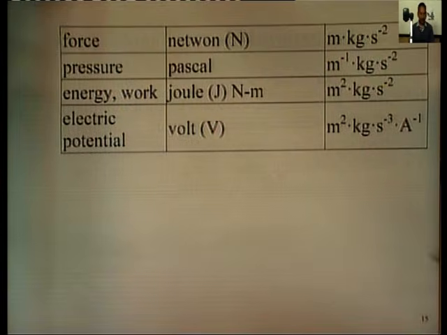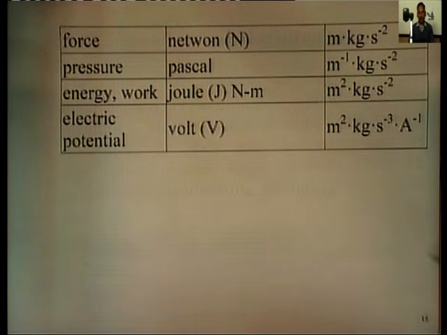Similarly, for derived quantity force, the name used is Newton or capital N, and the expression in terms of SI unit is m kg per second squared. So, similarly, for pressure, name used is Pascal, and expression is m raised to power minus 1 kg per s squared.